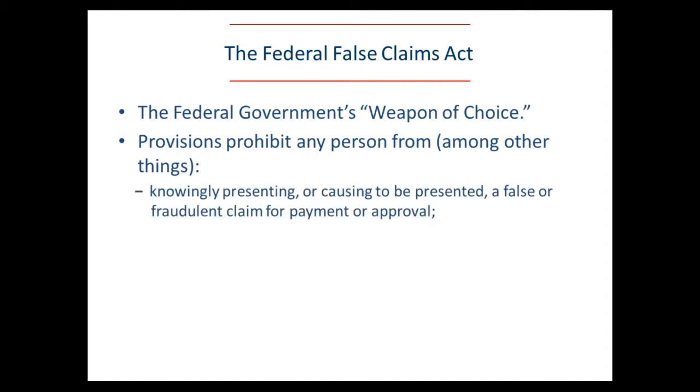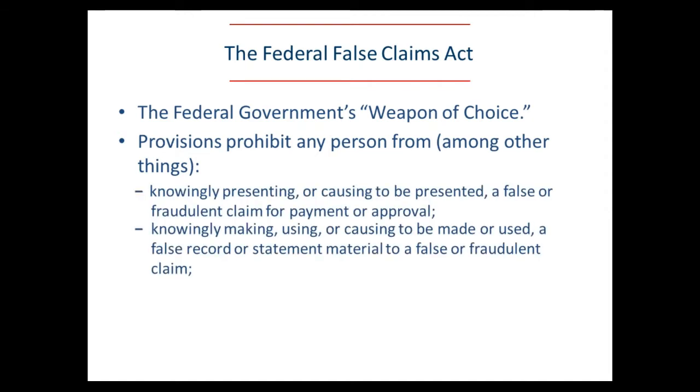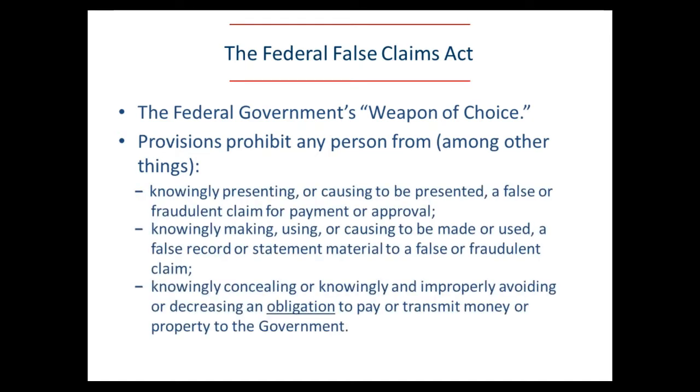Another tool on the part of the federal government is the Federal False Claims Act. It's referred to as the federal government's weapon of choice. They prefer to use this.